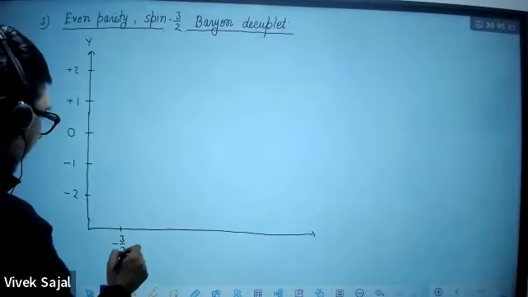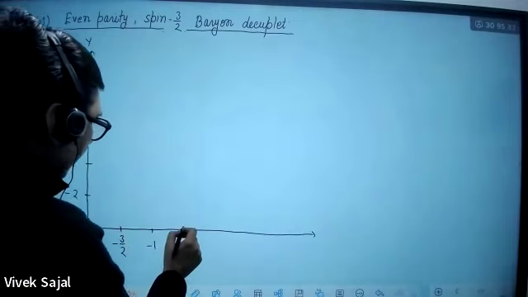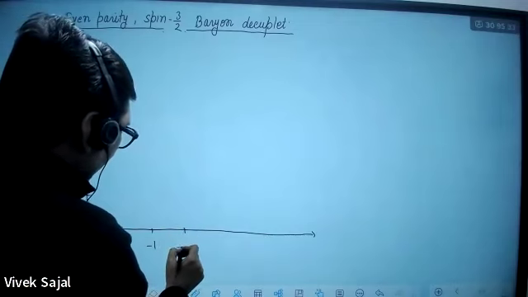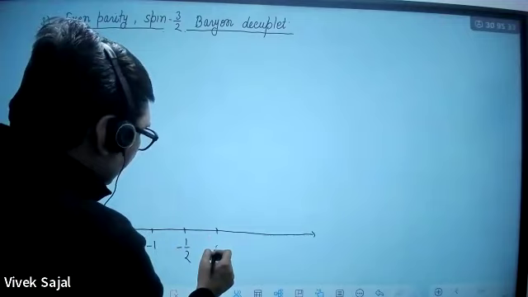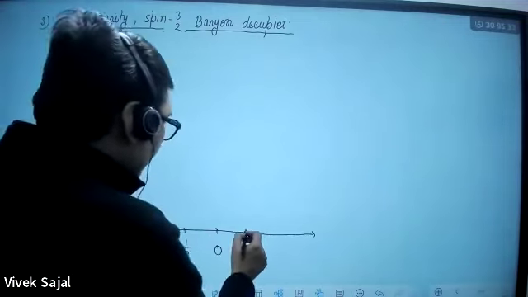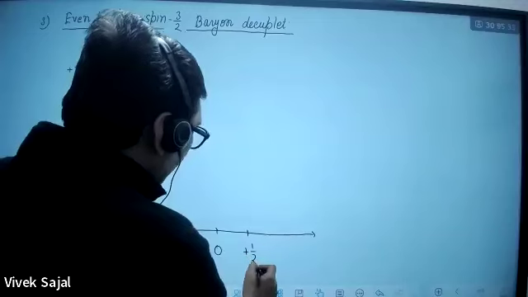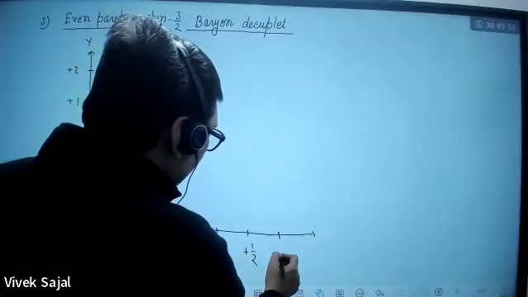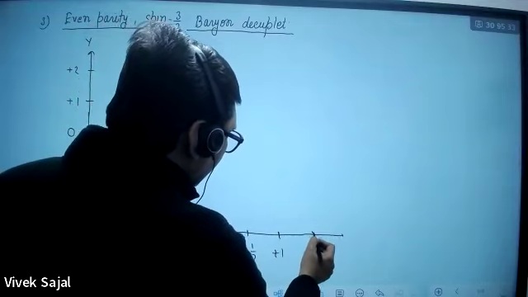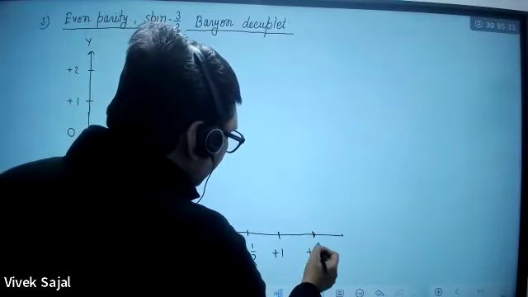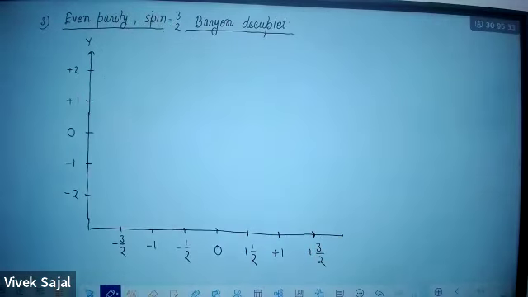-3/2, then -1, -1/2, 0, +1/2, then 3/2. Okay.